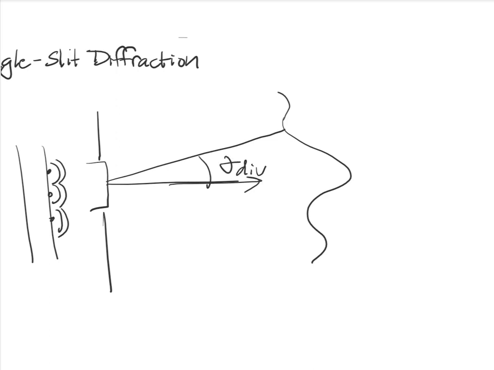So to find the divergence angle, the angle from the center of the sinc squared to the first null, we're going to look at rays inside the aperture, in particular from a pair of points separated by W over 2. Now we could have chosen any pair of points separated by W over 2, but we'll stick with this first one in the center, or one at the top edge, or perhaps one at the bottom edge.